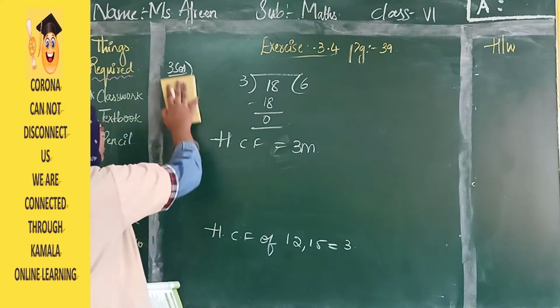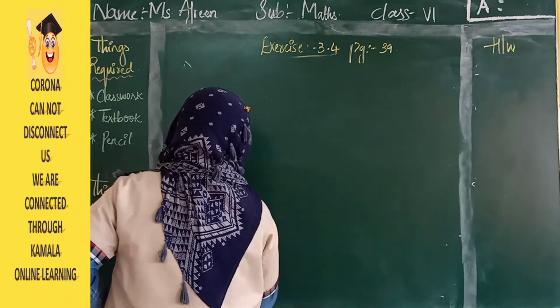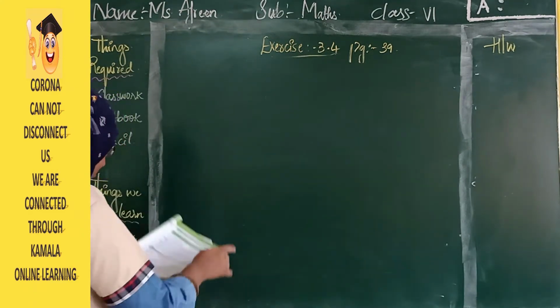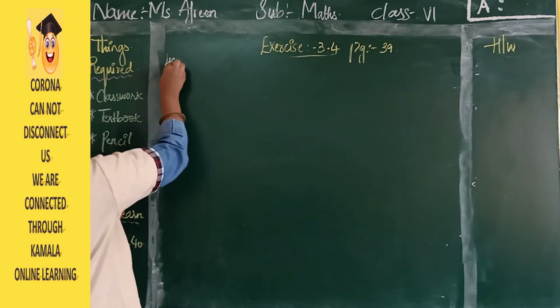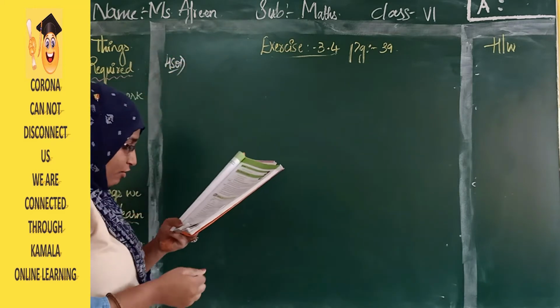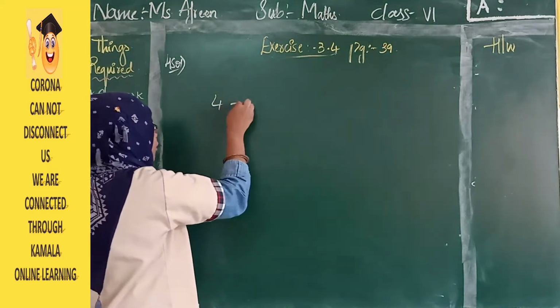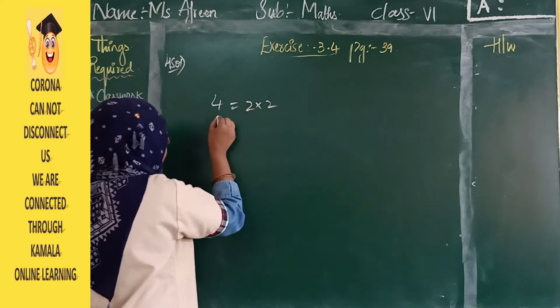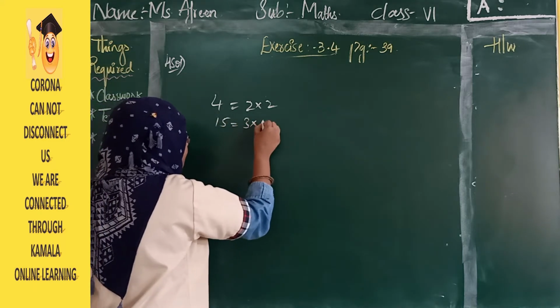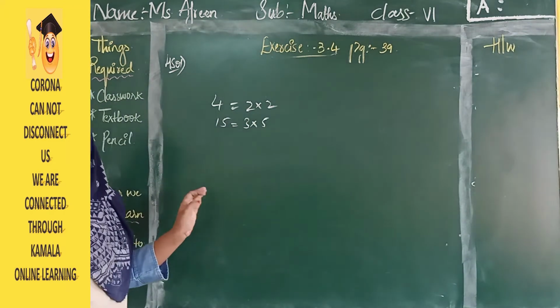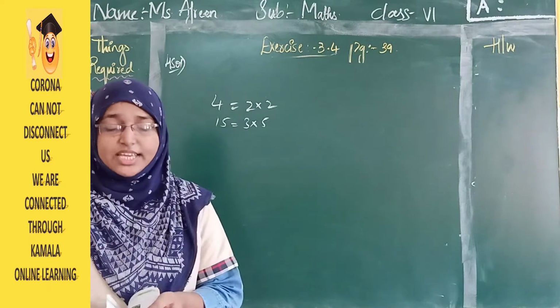I hope you have written 1. This is the 4th solution. Now what are they saying? They said the factors for 4 are 2 into 2, whereas the factors for 15 are 3 into 5. Definition of co-primes: if you turn your page, you have the definition over here. Co-prime means having only 1 as the common factor.